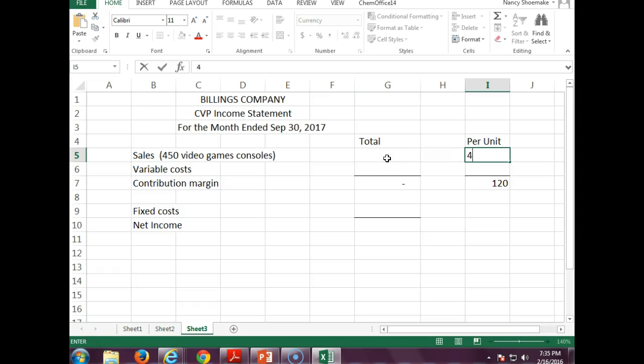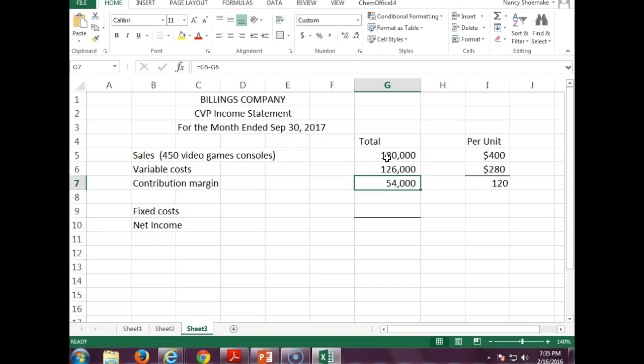Again, I didn't need to get rid of that. This is not changing. That remains constant. So our 450 games times 400 is our sales. Our variable cost, 280 per unit times 450 units, 126,000, which means our contribution margin is 54,000.